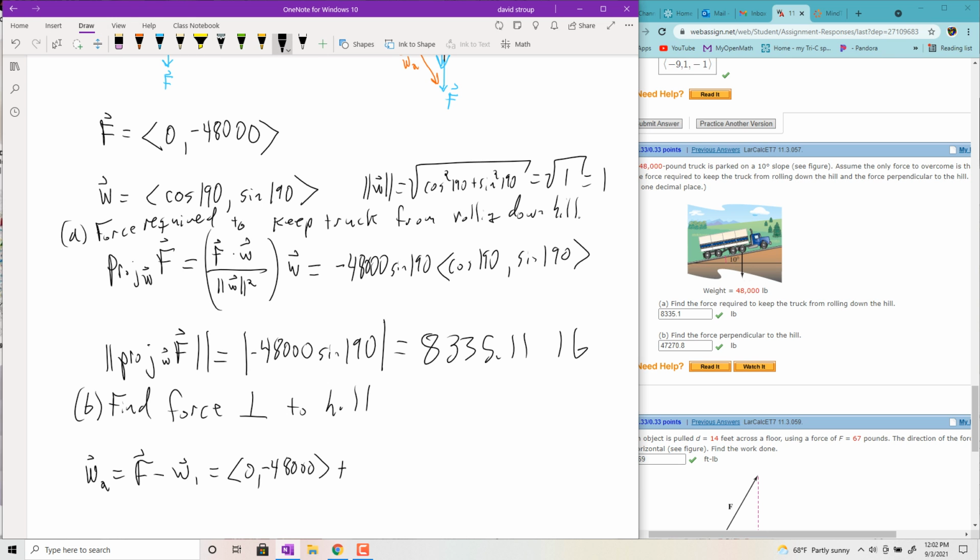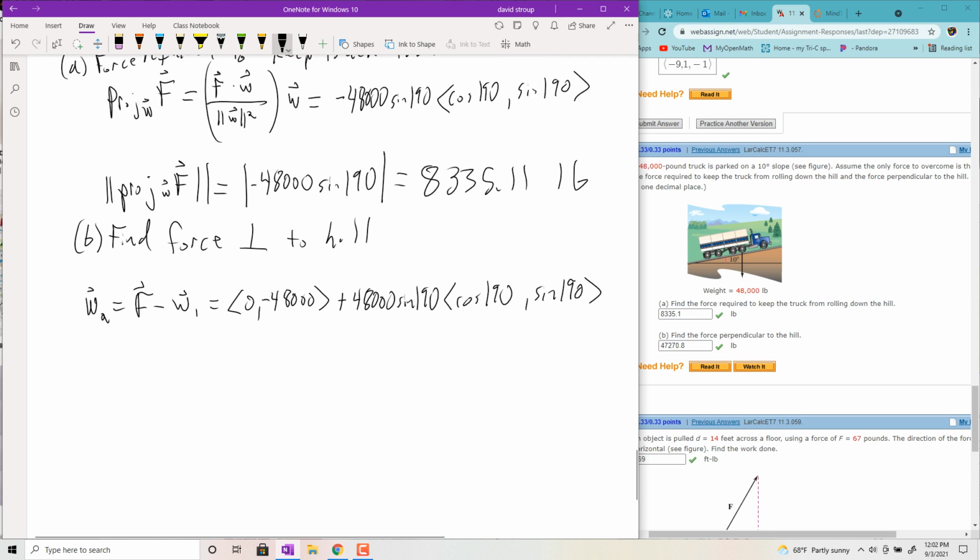So negative will be plus 48,123 sine 190 times cosine 190, sine 190. Again, I think what we'll end up doing here is factoring out anything we can.